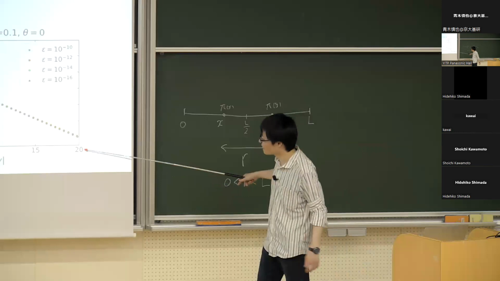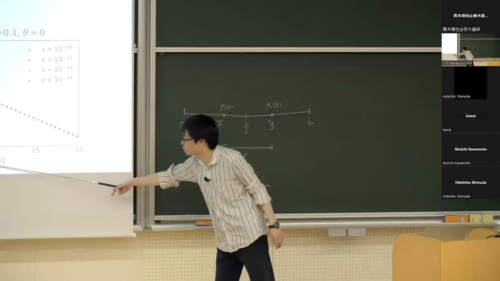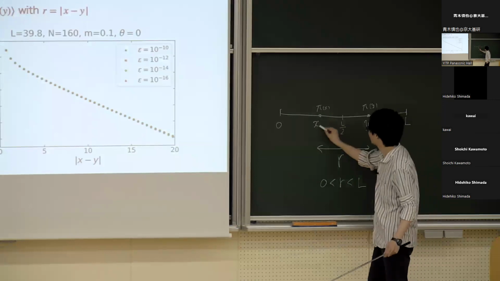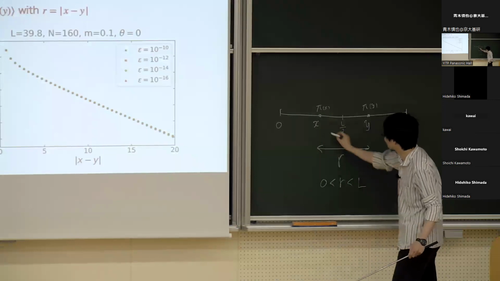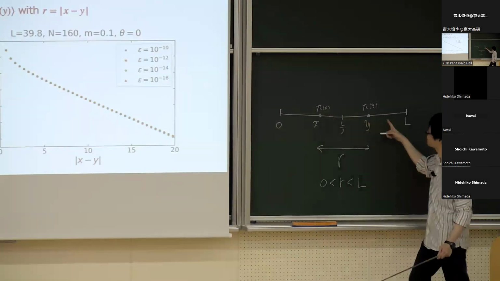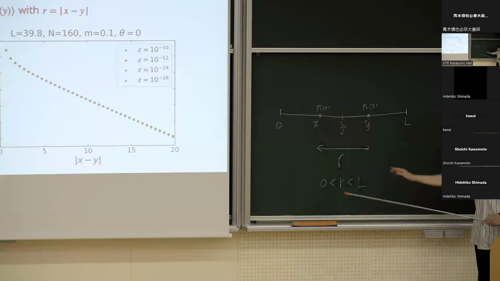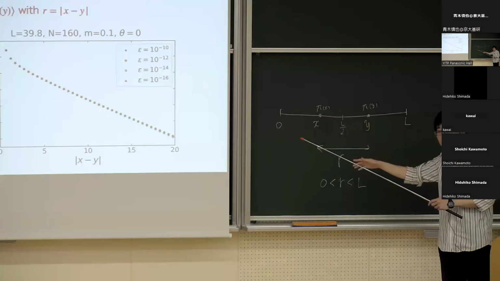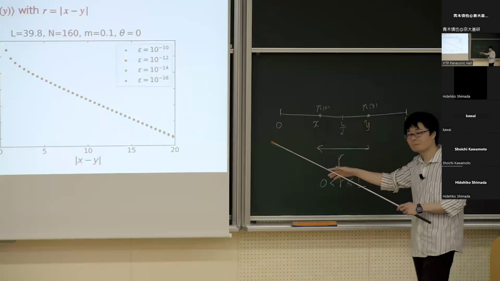So that's why I plotted only up to 20. 20 is the half, a halfway of this picture. But the two-point function in a finite system doesn't behave just like an exponential.